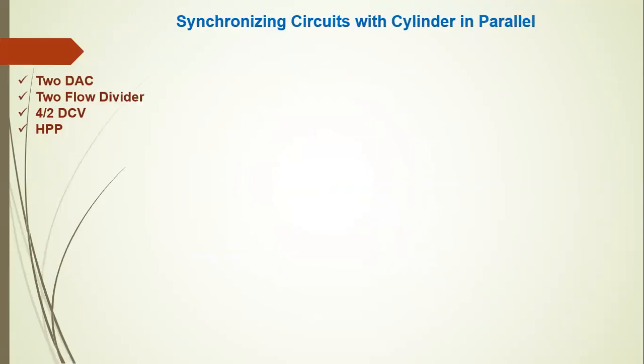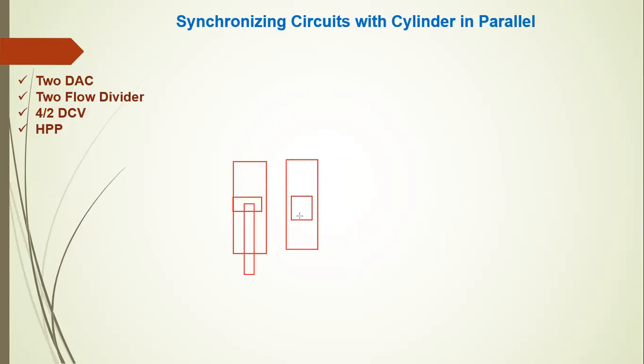The first is a synchronized circuit with cylinders in parallel. In this circuit, what connection do we give and how does the flow pass through the cylinders? We first draw the basic structure. This is cylinder 1 and here I draw cylinder 2.